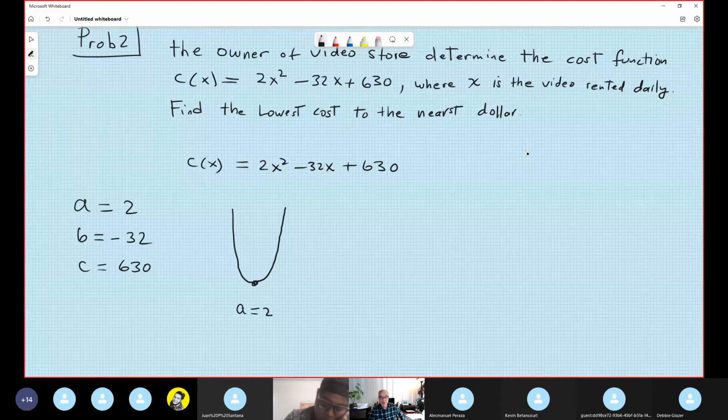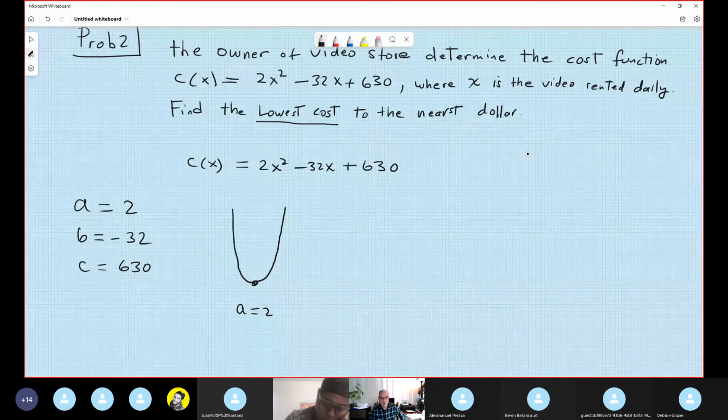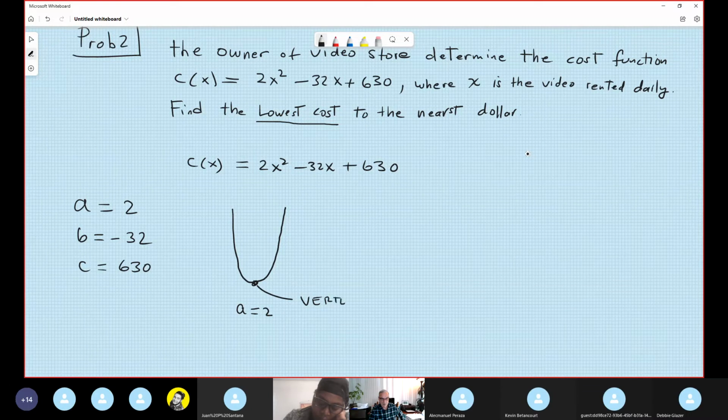So now, they are probably talking about minimization. So lowest cost. I need to find when the function is minimum. So the minimum occurs at the vertex again. Now the vertex has two components, no? H and K. H represents videos because this is a point, X comma Y. H is the letter we use to denote the X component of the vertex, and K is the letter we use for the Y component of the vertex.